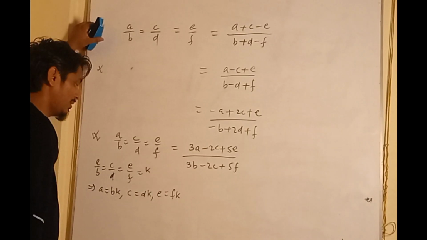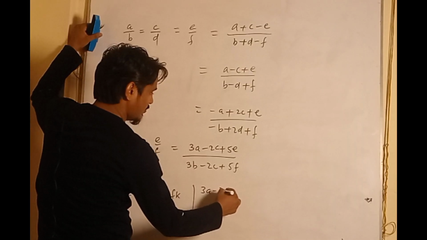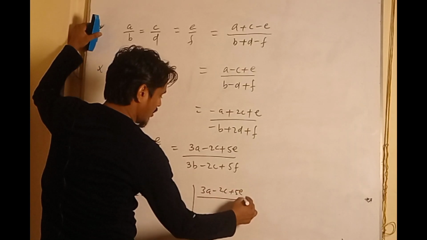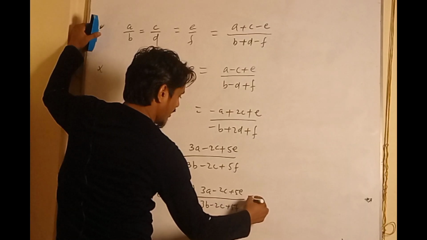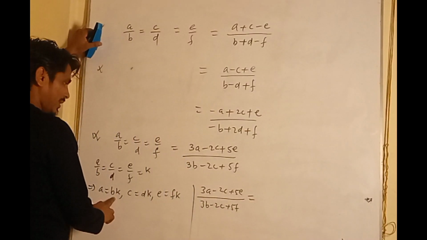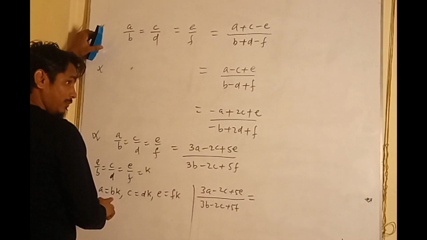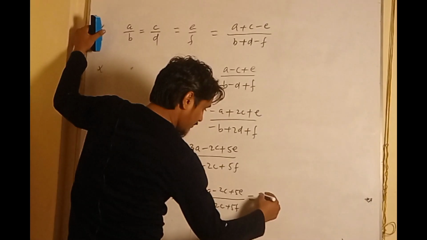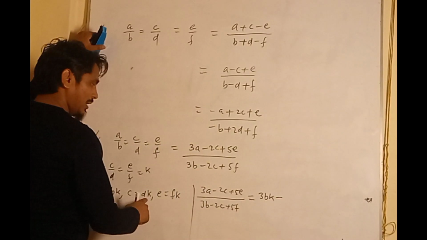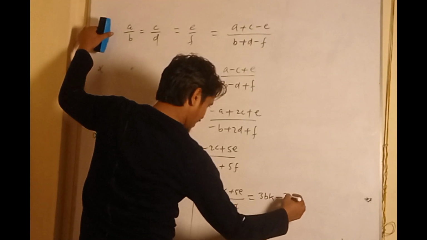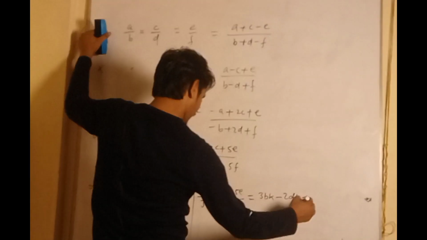So to find the value of 3a minus 2c plus 5e over 3b minus 2d plus 5f, in place of a we write bk. So 3a means 3bk, minus 2 times c, which is dk, so minus 2dk, and e is fk, so plus 5fk.